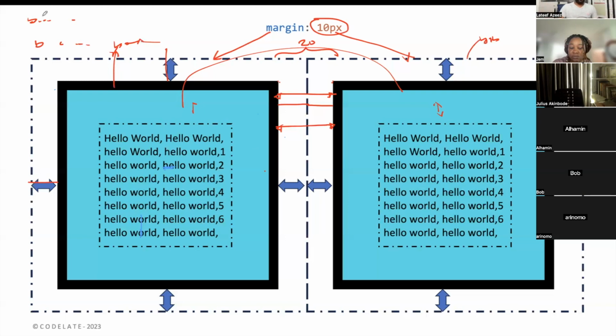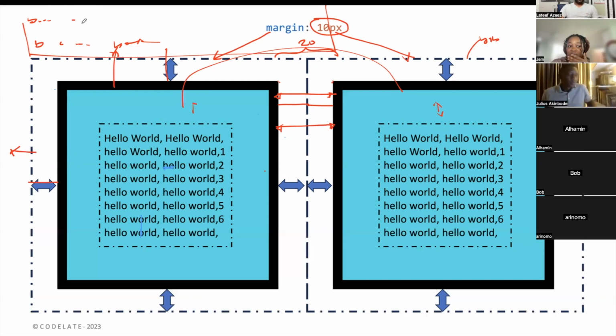And every other thing that goes around here, if there's another box on the top, it pushes it away by 10 as well. Another on the left, it pushes. Another here, it pushes. So it pushes around the box. Okay, so in this case, if you only wanted to push on the right side of box A and the left side of box B, the only thing you have to specify is the margin for the left.